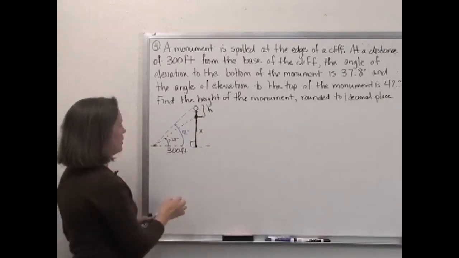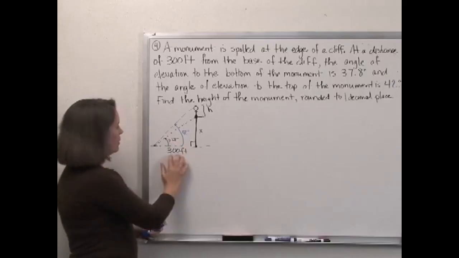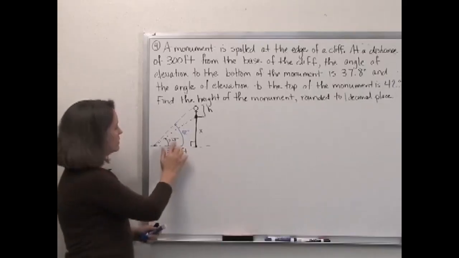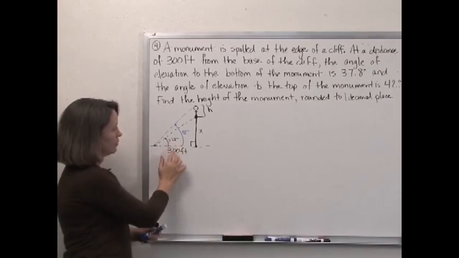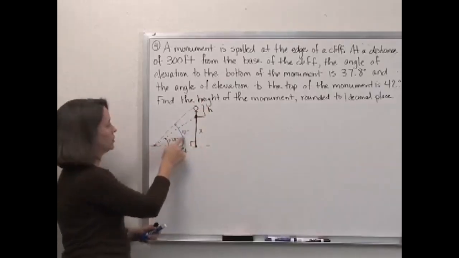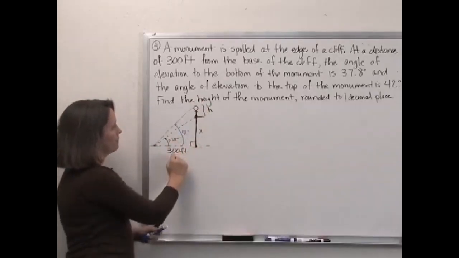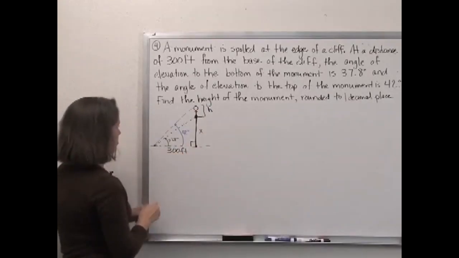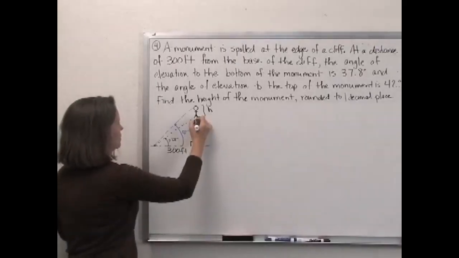We have 2 right triangles. We know 1 acute angle. Look at the 300 feet. That is the adjacent side to the 37.8 degrees, and it's also the adjacent side in the bigger triangle to the 42 degrees. Let's concentrate on one of those triangles to begin with, the smaller one.